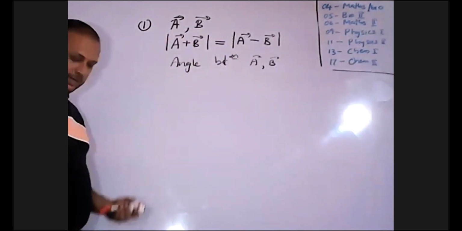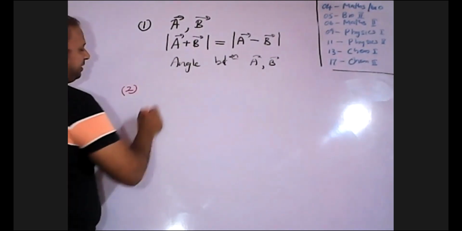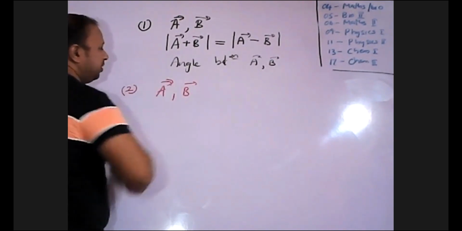Okay. Suppose the second question. Suppose A and B are two non-zero vectors.